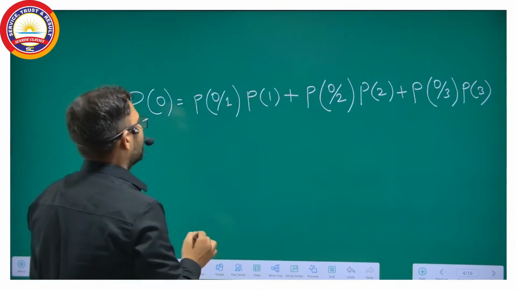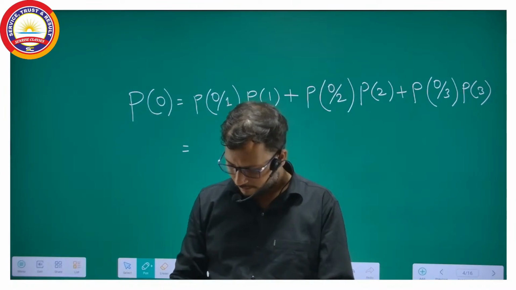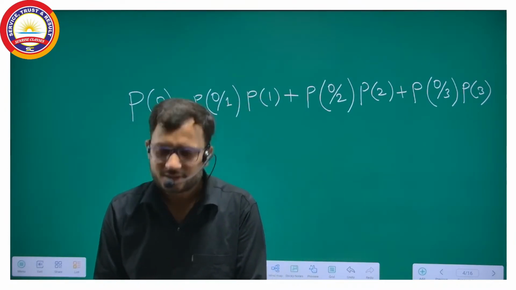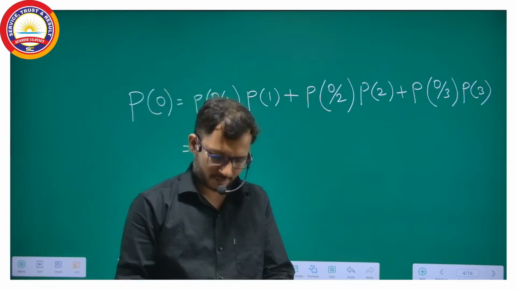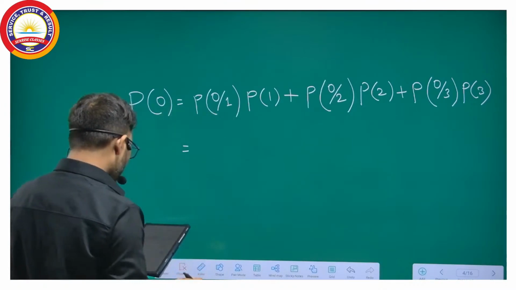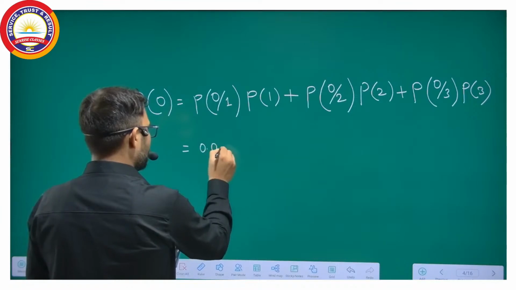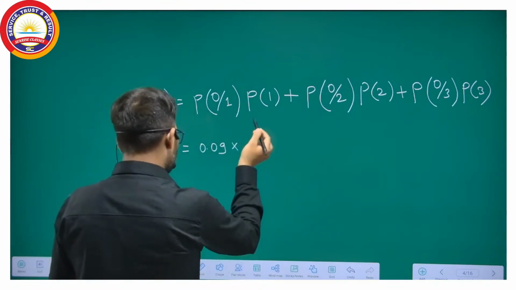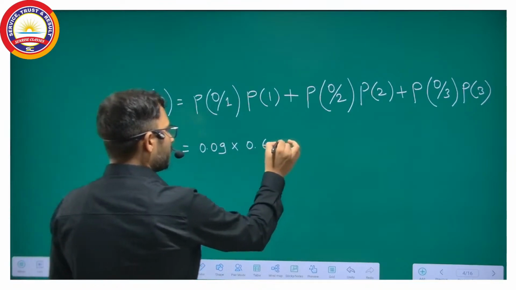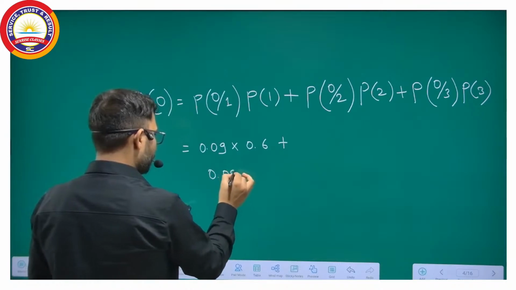Isn't it? Okay, so obviously this will be the solution. Now let me do the solution for it, because I have already calculated these things. So yes, in this case probability of O given 1 is nothing but 0.09, and into probability of 1 is 0.6. 9 6s are 54, and so this will be 0.054.